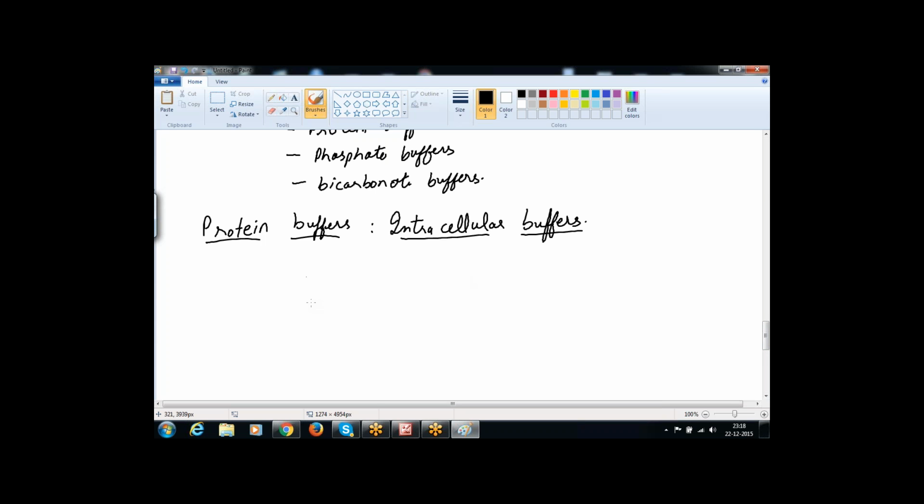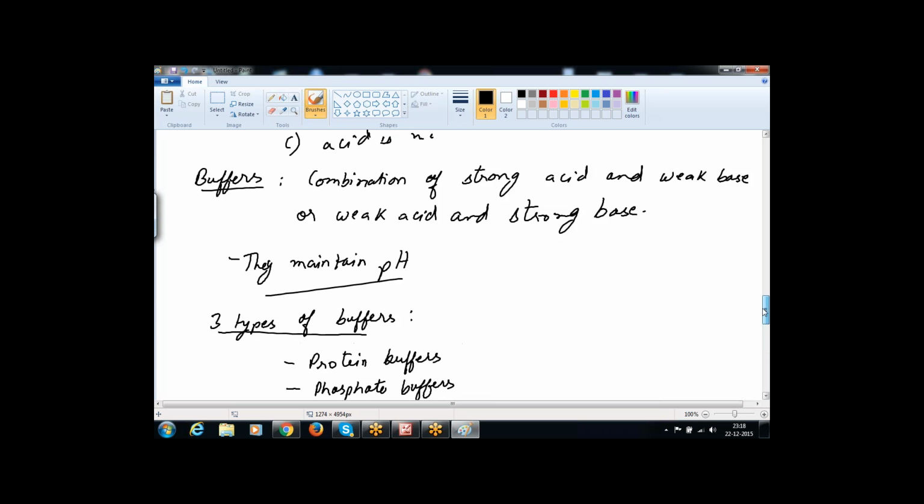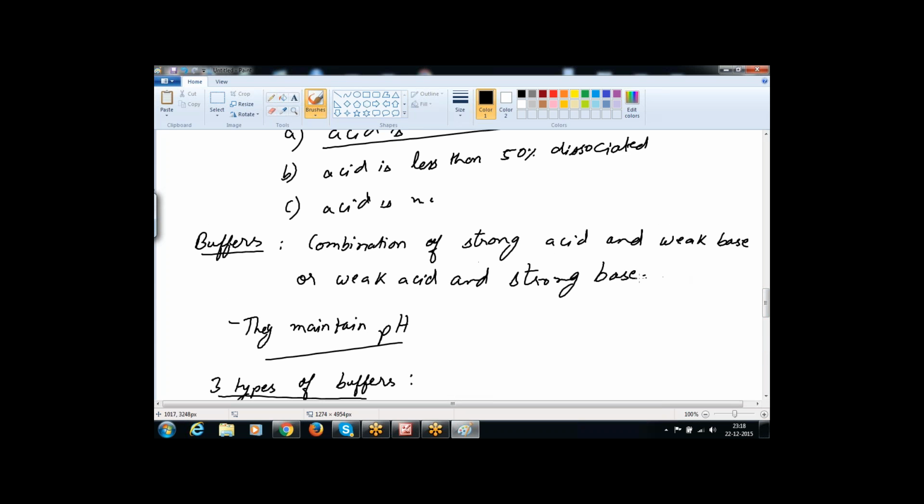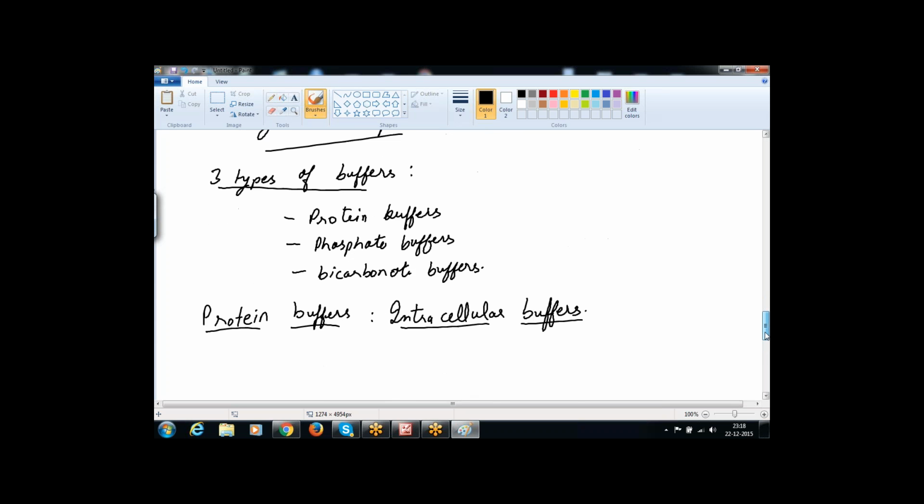And why do proteins act as buffers? Amino acids can be acidic or basic. Remember we did acidic amino acids, glutamic acid and aspartic acid. Basic amino acids were histidine, arginine, lysine. So when these amino acids combine to form proteins, this combination can form: a combination of strong acid and weak base, or weak acid and strong base. If this combination comes up, protein can act as a buffer.